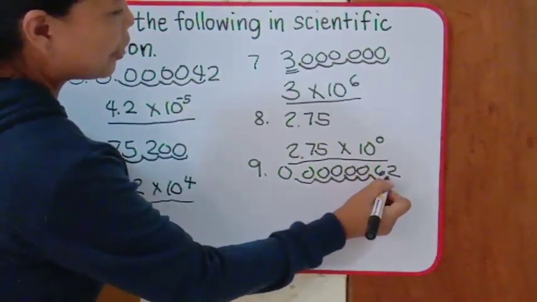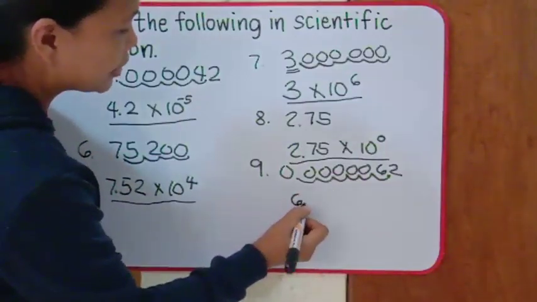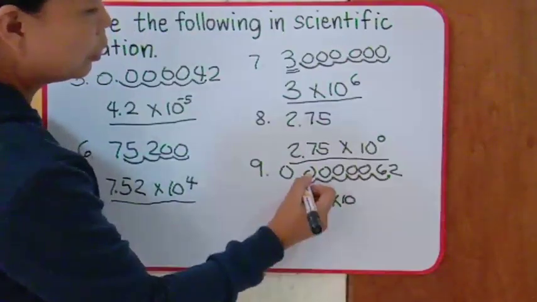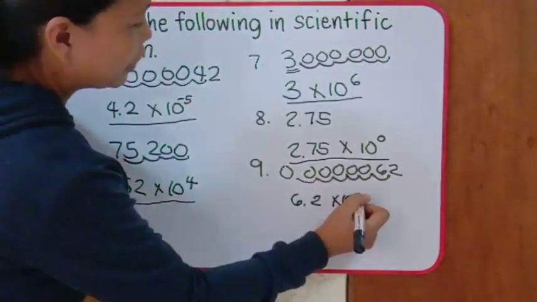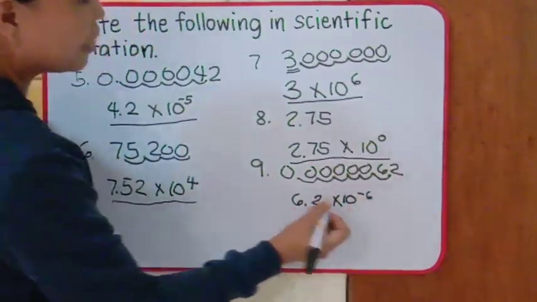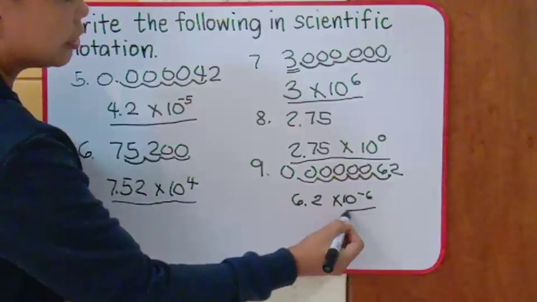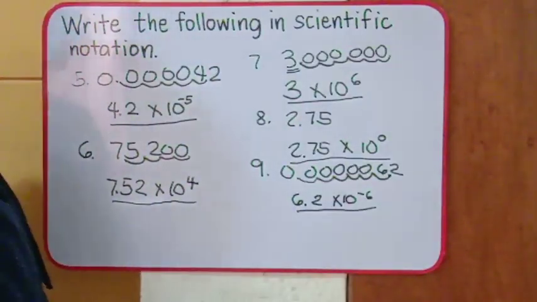And then we will stop here for the first significant digit. So we will have 6.2 times 10 raised to 1, 2, 3, 4, 5, 6. So negative 6. Negative because we are changing a decimal number to scientific notation. So we have this answer, 6.2 times 10 raised to negative 6.